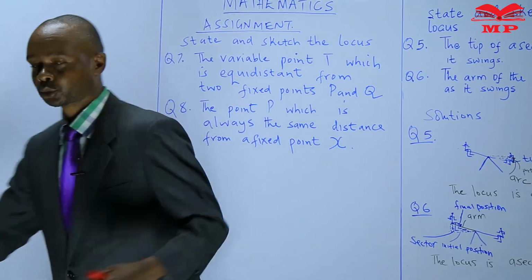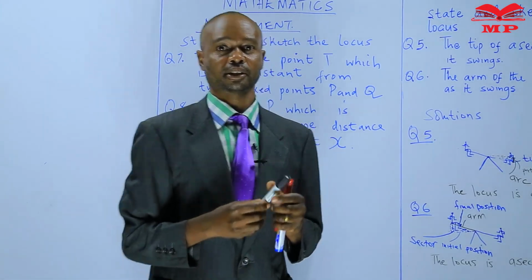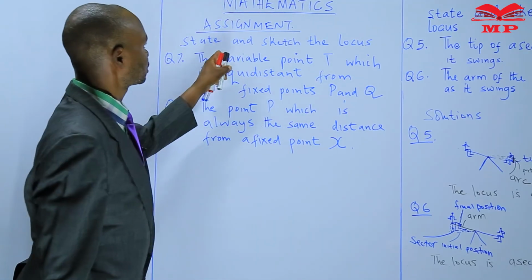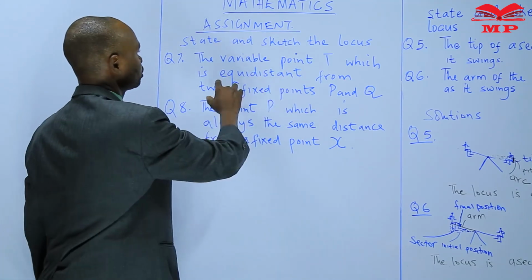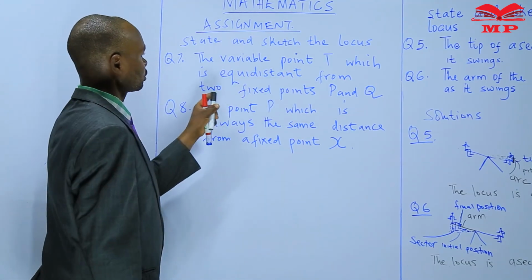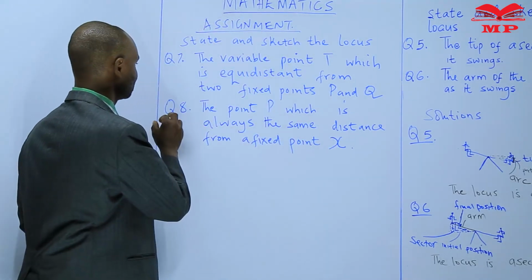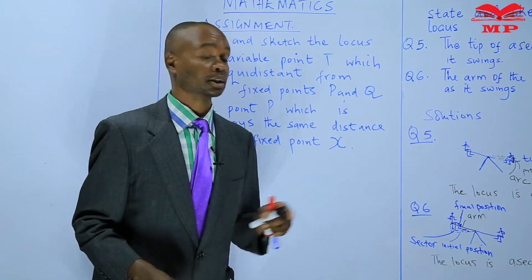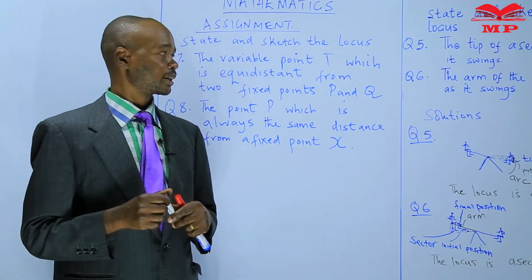Question 7: state and sketch the locus of the variable point T, which is equidistant from two fixed points P and Q. And question 8: the point P, which is always the same distance from a fixed point X.